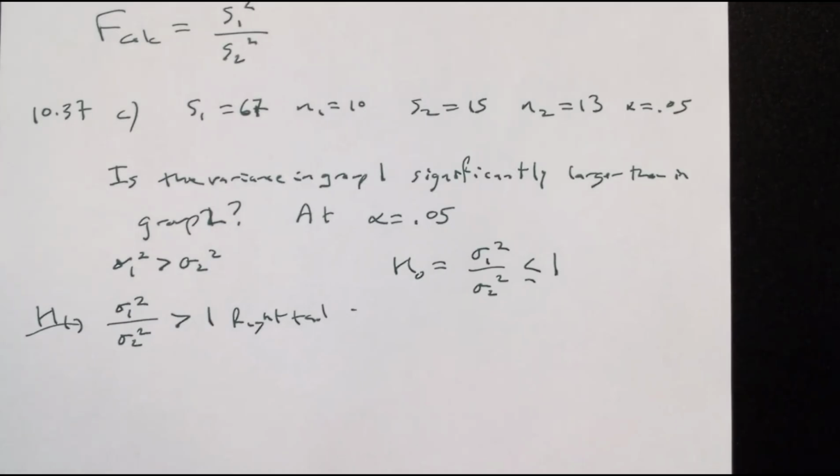Now, I need a calculated value and a critical value. Or I need a calculated value and a p-value. But p-value would require me to look up the thing I calculate in the table and figure out what the probability of that is. I hate using these tables already. So let's do the calculated version instead.